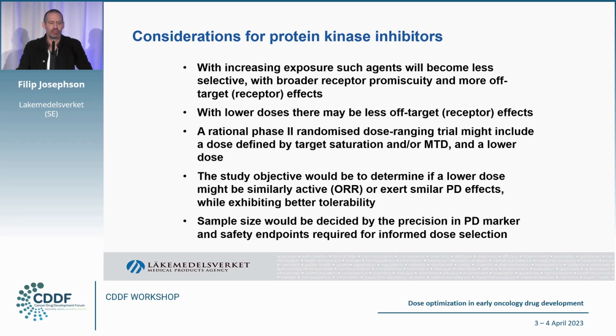The study objective would be to determine if a lower dose might be similarly active or exert similar PD effects while showing better tolerability. And the question of sample size as well as the duration of such a study are obviously key issues. And as stated previously, there would be no standard answer to this.